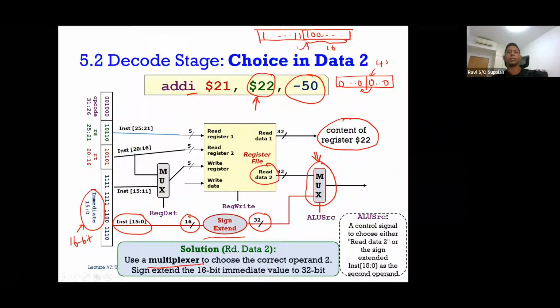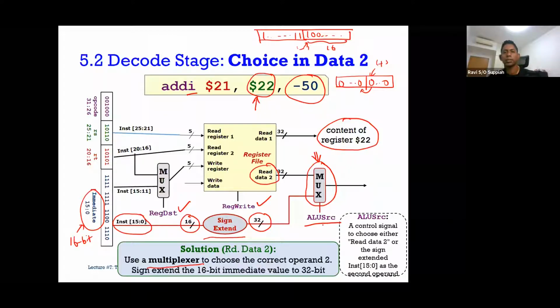You can see that we started off with a very simple design, but now we are slowly making changes to accommodate the different types of instructions that your processor is going to support. That is where all the multiplexers come in, because they help us decide at any point of time which data goes to the next stage. Now we also introduce another control signal called the ALU source. We had register write, register destination, and now ALU source.